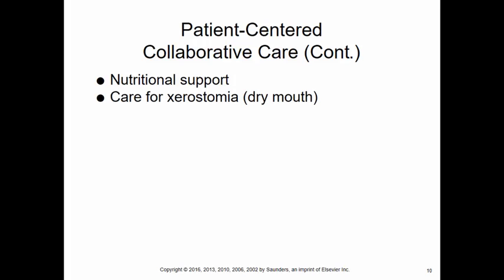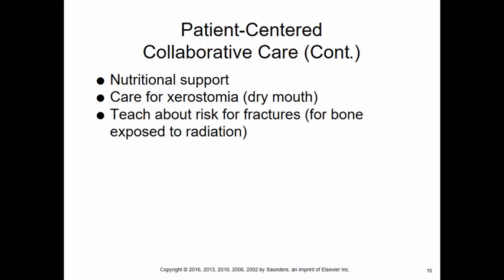We need to help care for that xerostomia or dry mouth and educate patients about things like sucking on sour candies, not sweet candies, to help stimulate saliva production, and using ice if that's easier, like sucking on ice chips, constantly keeping themselves well hydrated, using things like biotin as a mouthwash, teaching patients about being at risk for fractures, especially when their bone has been exposed to radiation.